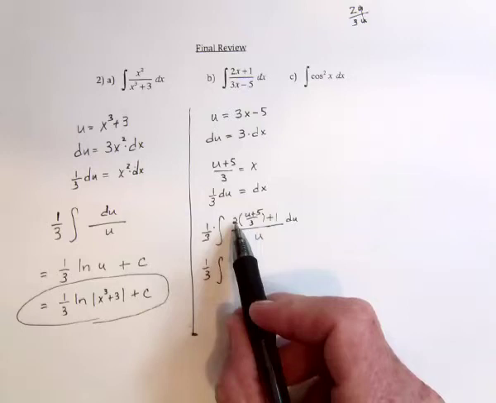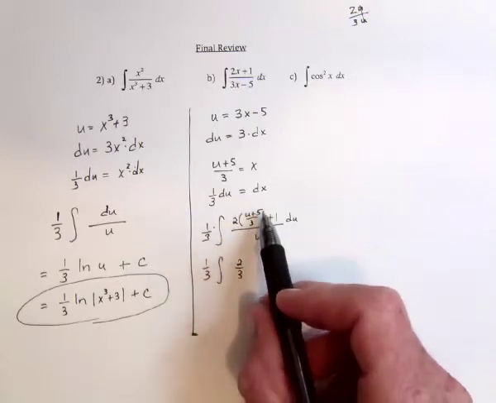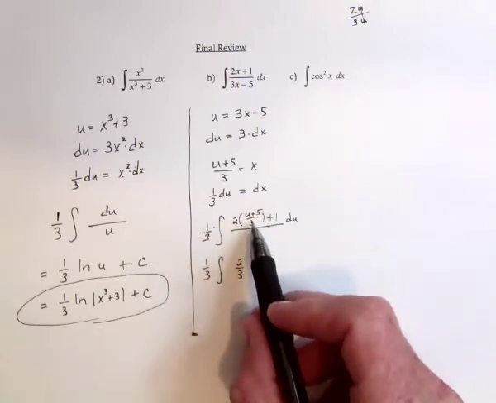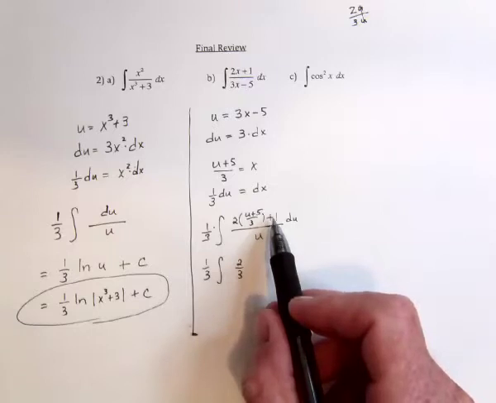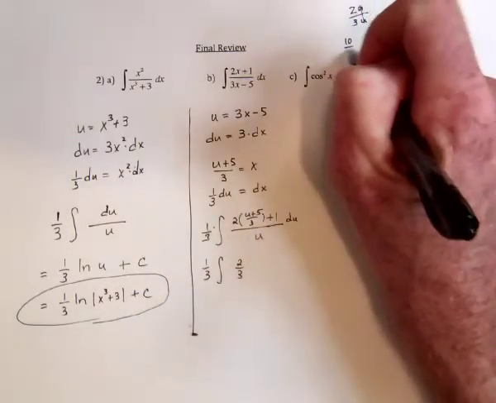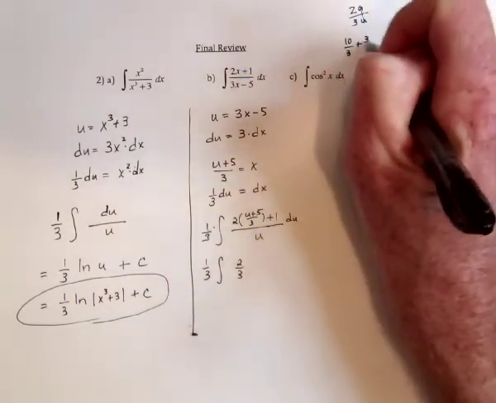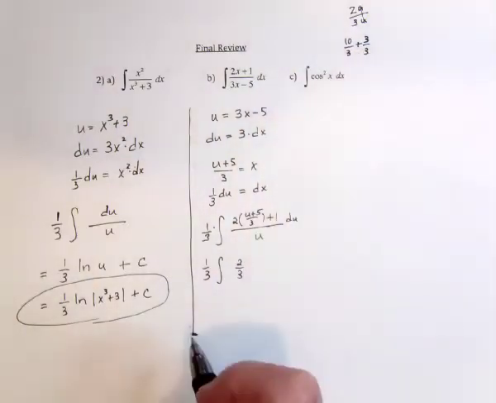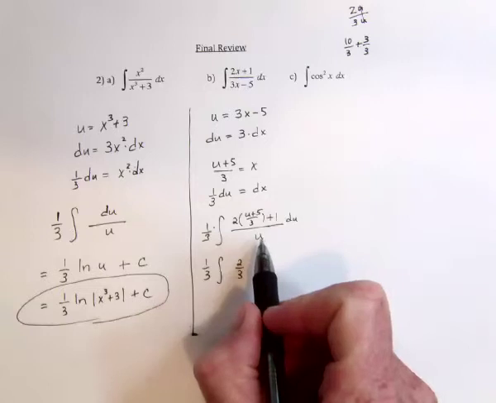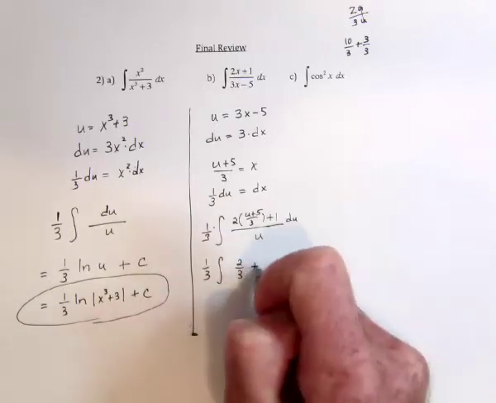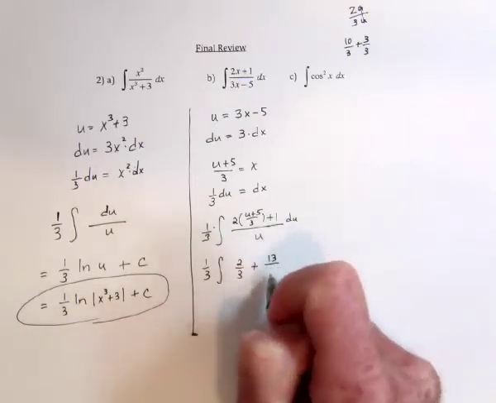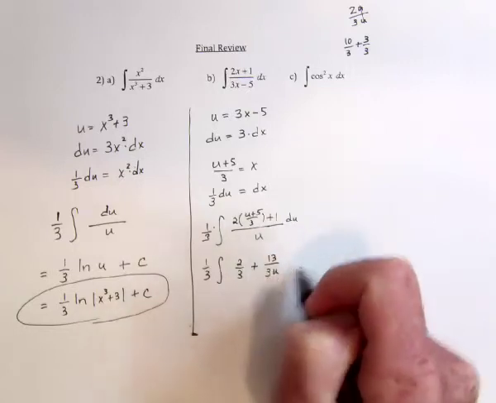Then distribute this, it's going to be 10/3 plus a 1. So 10/3 plus a 1 would be 13/3. But then it gets divided by a u. So you'd have 13/3 divided by a u.